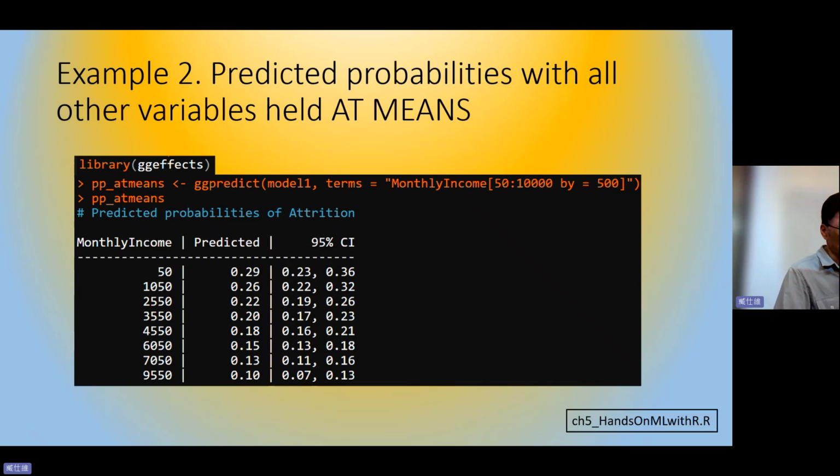This is just for your reference, because here we are using the library called ggeffects and the function ggpredict. You can see the predicted probability of default based on different levels of monthly income.